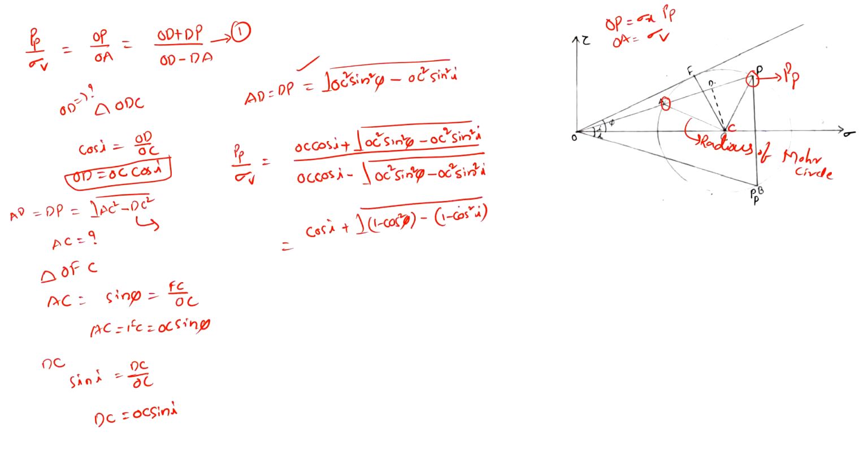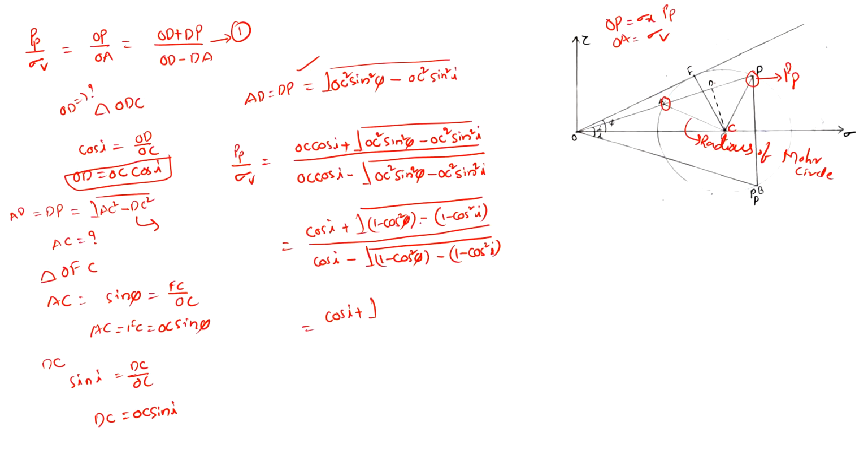This is the formula for sin square: if we have sin square, we can replace it with 1 minus cos square phi. So cos i minus root over 1 minus cos square phi, as well as minus 1 minus cos square i. Here things get cancelled, so we get cos i plus root over, here total 1 minus 1, and plus cos square i.